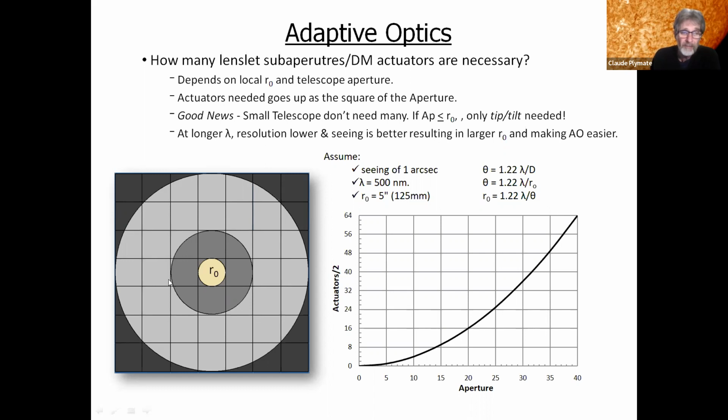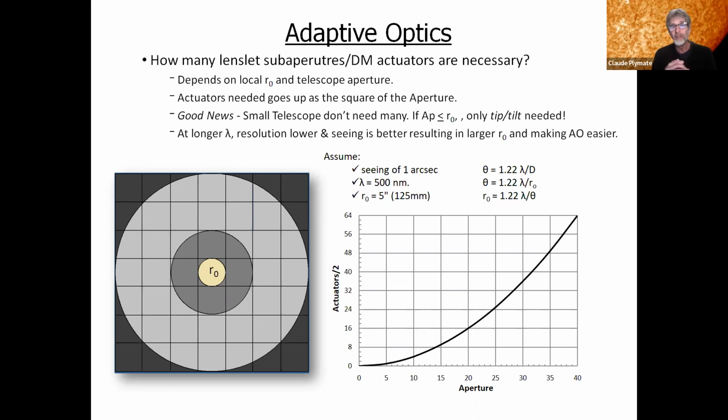But say you had instead of a 5-inch telescope, same very good scene, you had a 15-inch telescope. Well, in that case, you would need at least a 3x3 matrix of subapertures and actuators on your deformable mirror, making a total of at least 9 to be able to reconstruct the diffraction limit under that very good scene.